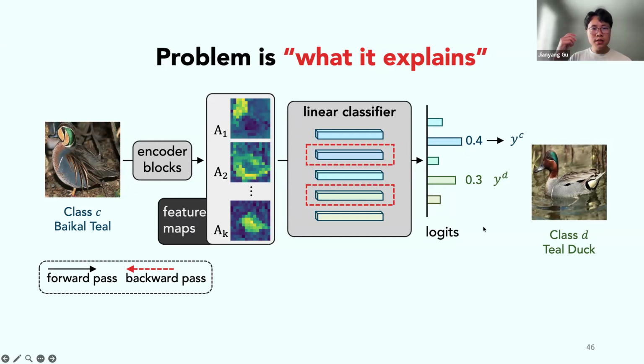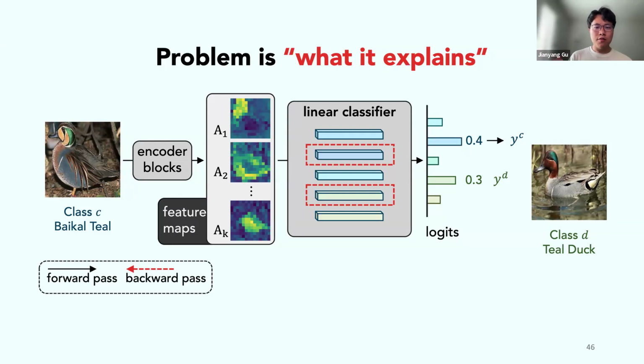Because the linear classifier can be treated as prototypes for different species, the prototypes of bicolored and teal duck are inherently similar because they share a lot of features. In that sense, if we explain one single species independently, it will inevitably use a lot of features that are shared by other species.